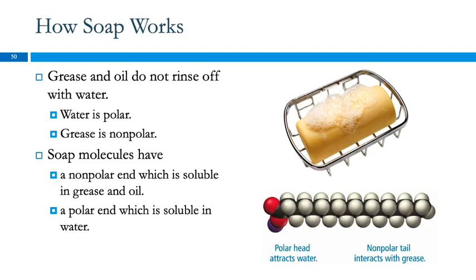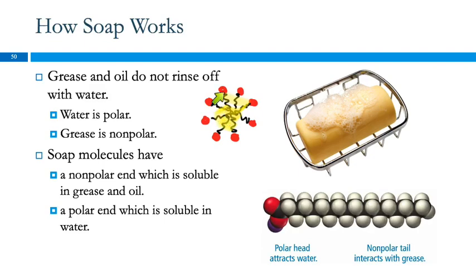Let's see, I'm trying to decide how to draw this. So here's the polar end, and what's going to happen is the soap molecules, I'm drawing this in two dimensions, but it's actually occurring in three dimensions. So here in the middle is our grease.